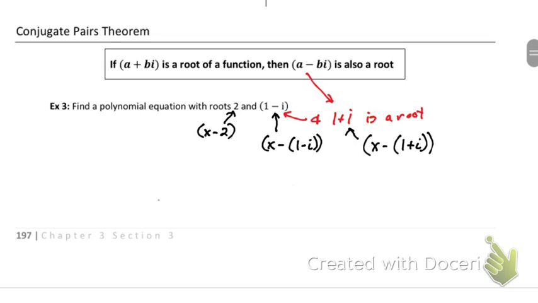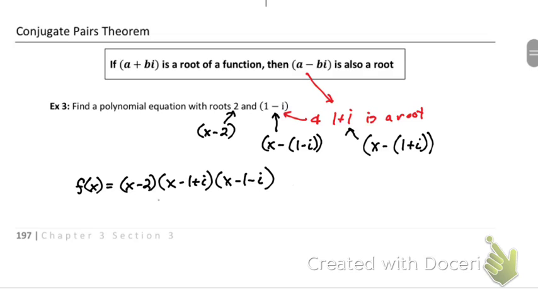Now we're going to link all of those together using multiplication. We are going to come up with some kind of function. Let's call it f of x. It is going to equal x minus 2 times x, let's distribute that negative sign, minus 1 plus i, times x, distribute that negative sign, minus 1 minus i.